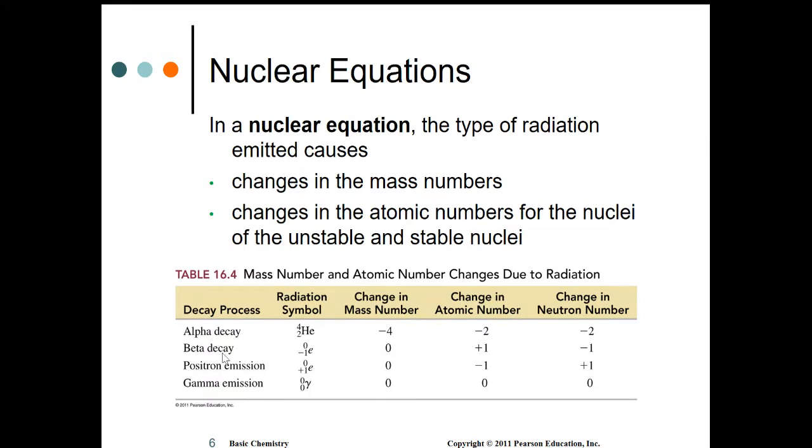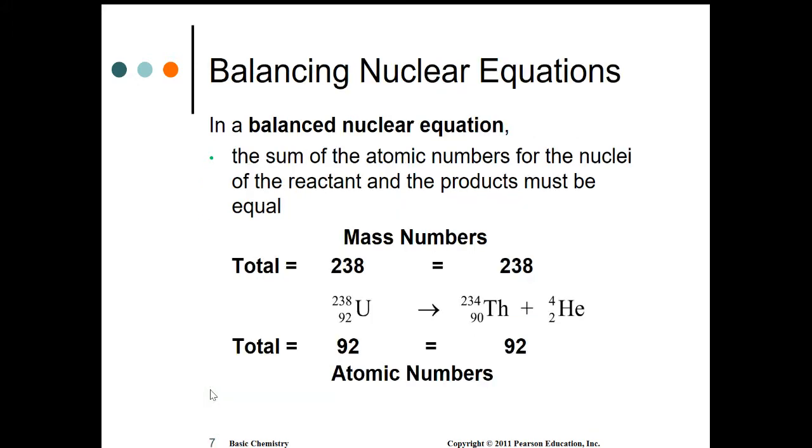And we have the beta, positron, and gamma. In a balanced nuclear equation, the sum of the mass numbers and the sum of the atomic numbers for the reactant and the products must be equal. I taught you this last time.